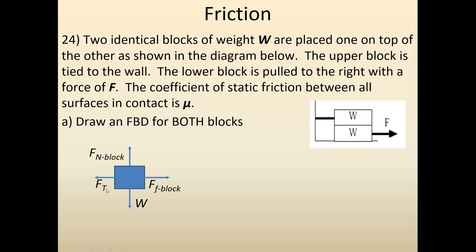Another way to think about it, this is actually very similar to the truck bed question that we did before. When we slide the bottom block to the right, these two surfaces are rubbing. So relative to the floor, this block is moving to the right.